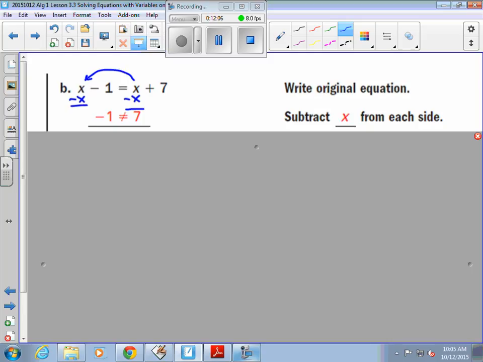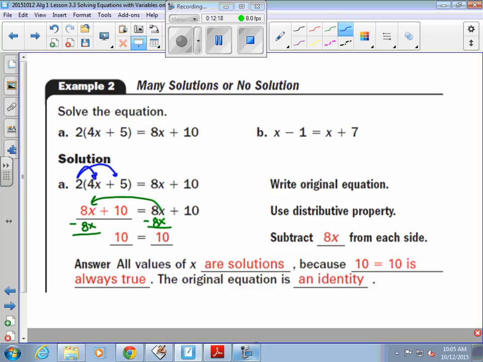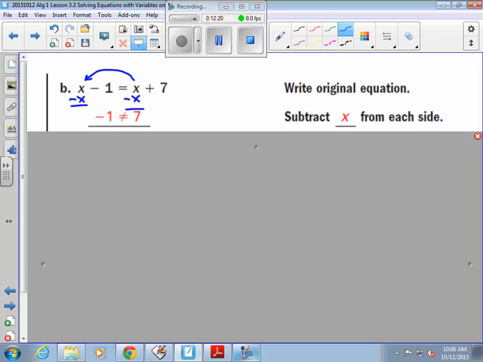Anytime you see that little slash through the equal sign, it's just telling you that it's not equal to 7. But the statement would say negative 1 is equal to 7, and we know that that is not a true statement. Unlike 10, which was equal to 10 from A, negative 1 is not equal to 7. That is not a true statement.